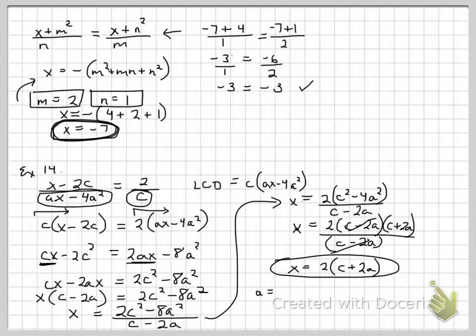Choosing very simple values, plugging in to get a value for x, I'm going to have c is 2 plus 2 times 1 is 2. So I'll have 4 inside the parentheses, and 2 times 4 is 8.